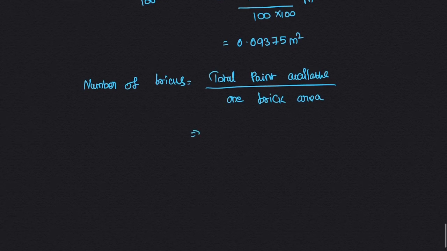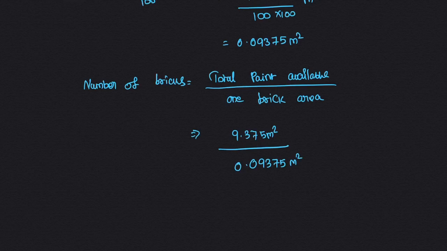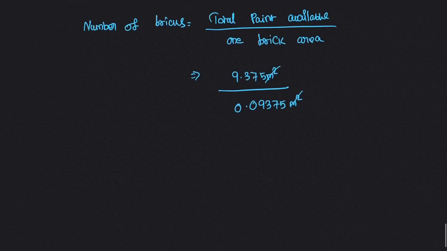So the total area is 9.375 meter square and the individual value is 0.09375 meter square. So now both are in meter square, so just cancelling, and this value is 100. So the number of bricks we are able to paint is 100 bricks.